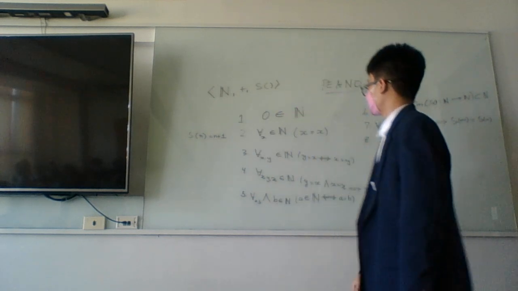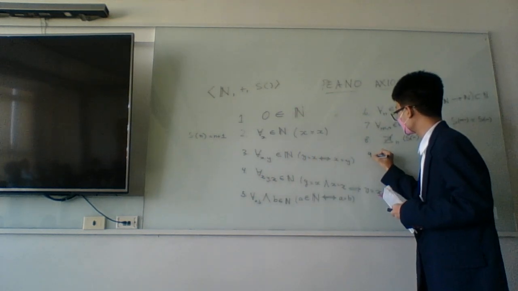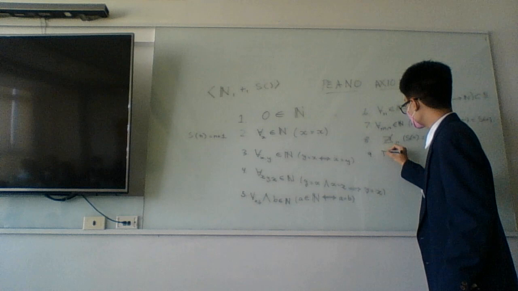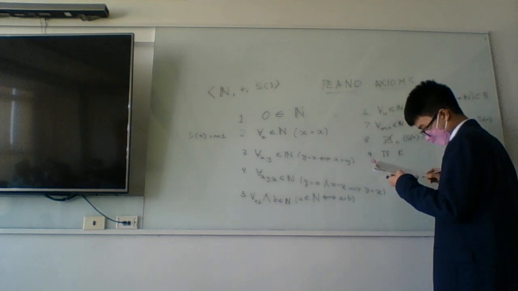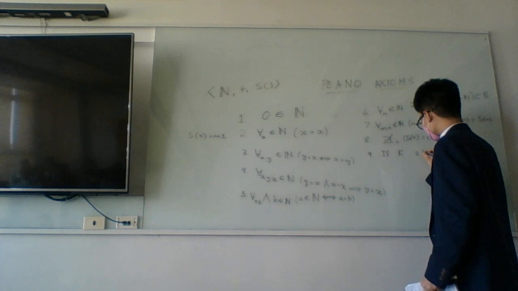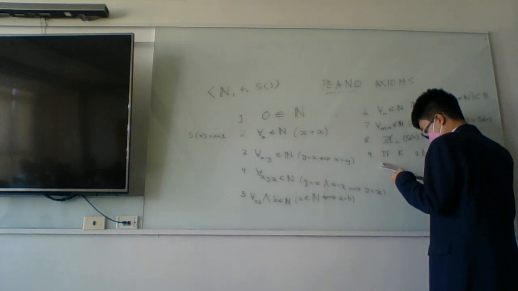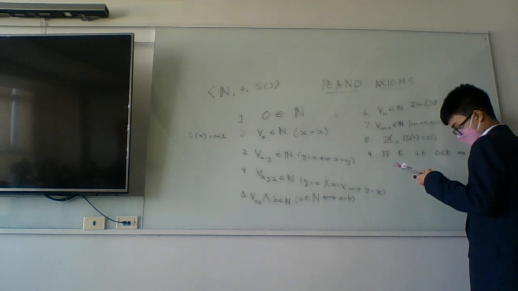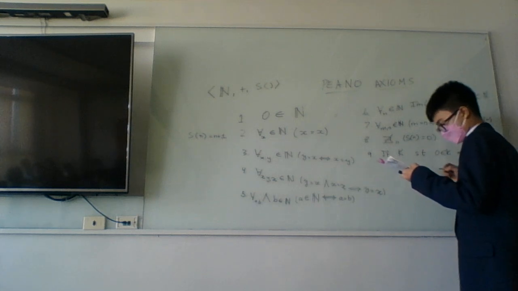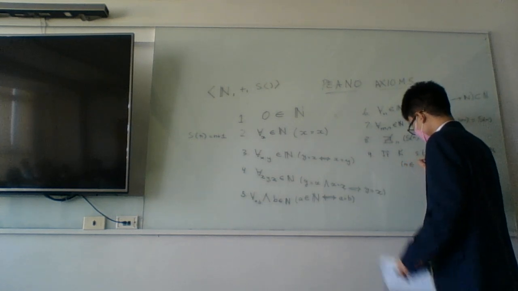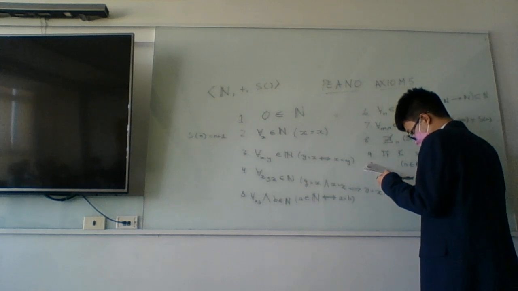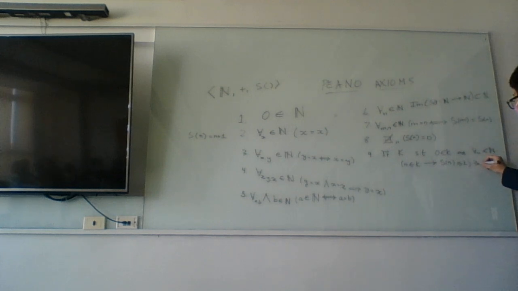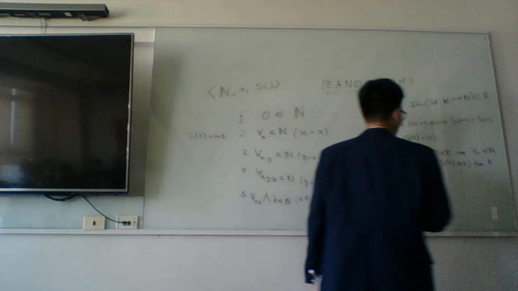Okay. So the last axiom concerning this is that if I have a set K such that 0 is in K, and for all n inside the naturals, if n is in K, then its successor is in K, then K contains all the naturals.